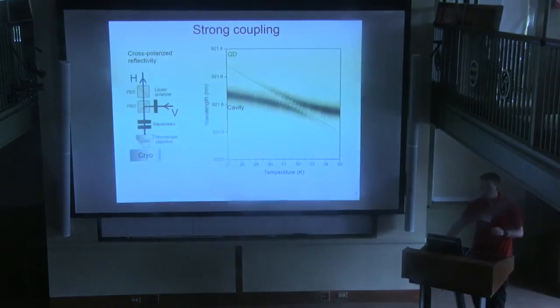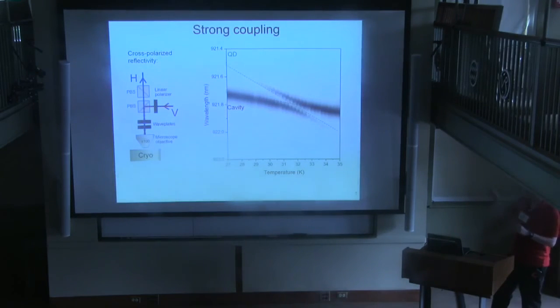The in and out coupling to the dot is in that case entirely through the cavity, because the cavity has such a larger oscillator strength than the dot. Even when you detune it, the emission of the dot doesn't play any role, and it's just through the detuned cavity. We have shown that that's true for detunings up to 60 or 100 GHz.